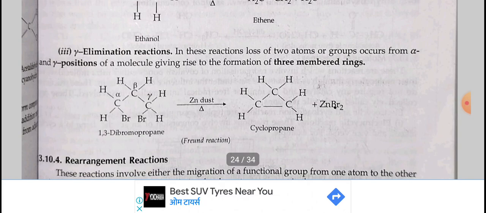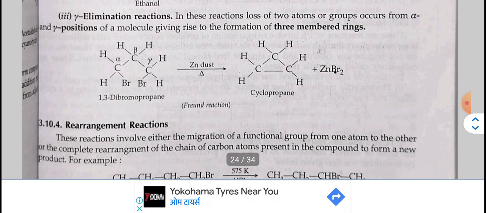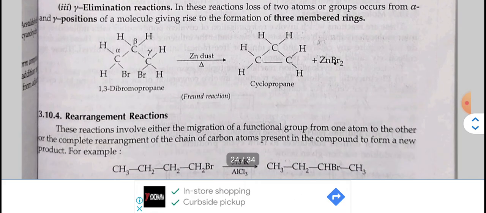Gamma elimination reactions. In these reactions, loss of two atoms or groups occurs from alpha and gamma positions of a molecule, giving rise to the formation of three-membered rings. 1,3-dibromopropane on zinc dust and heat gives cyclopropane plus zinc bromide. That is a gamma reaction.